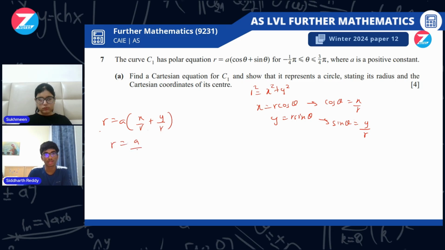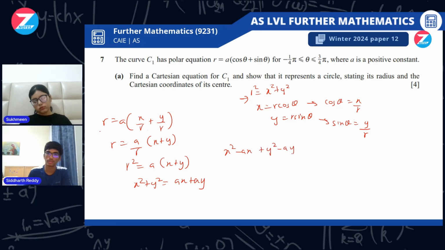So r is equal to a by r into x plus y. r square is equal to a into x plus y. And substituting r square, we have x square plus y square is equal to ax plus ay. Bringing them all to one side, we have x square minus ax plus y square minus ay is equal to 0.